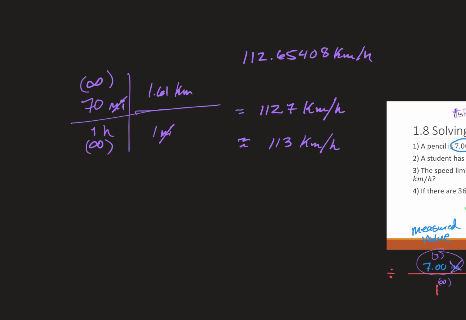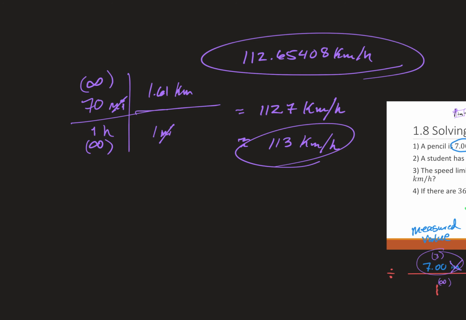And using infinitely many significant figures, this would actually be the answer, because that's what the calculator gives. But they're not going to worry about that in Canada or places that use both metric and imperial for speeds. So 113 would be enough. And they'd probably round it down in their books to 110. So what we would say is 70 miles per hour, they'd probably post it as like 110, just for simplicity.